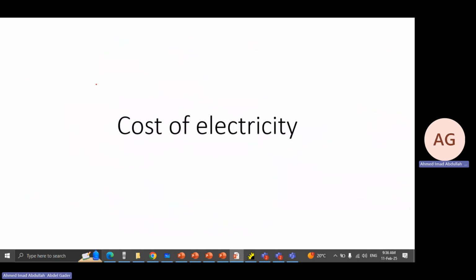And the cost of electricity, C equals the electrical energy consumption in kilowatt hours times the utility rate, usually given in a money currency value divided by kilowatt hours.